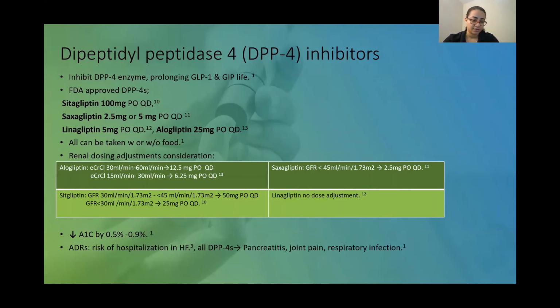DPP4s decrease the A1C by 0.5 to 0.9%. The adverse drug reactions for DPP4s are that they increase risk of hospitalizations in heart failure patients. All DPP4s have a risk of pancreatitis, joint pain, and respiratory infection.